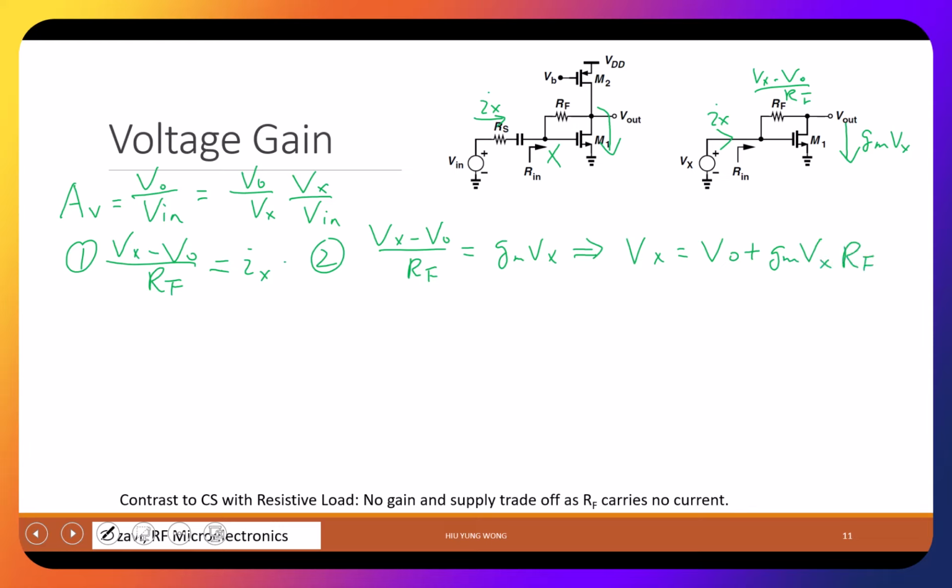Which means Vout divided by Vx equals what? 1 minus GM Rf. Because I just need to group this to here and divide by Vx, then I have 1 minus GM Rf. This is from equation 2.